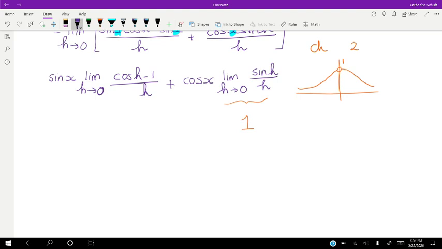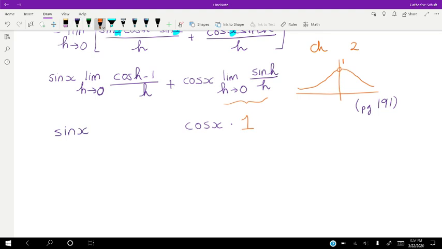We proved that in chapter 2 via graph, numerical experimentation really. There's also a geometric proof as well. If you're interested, it's on page 191. So it's optional.